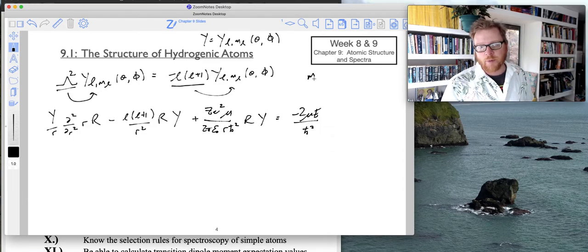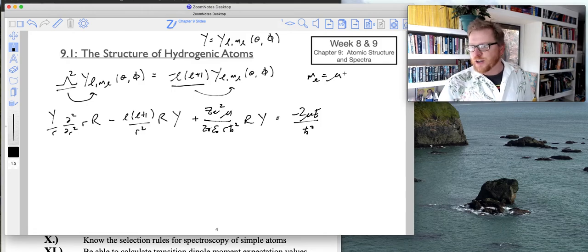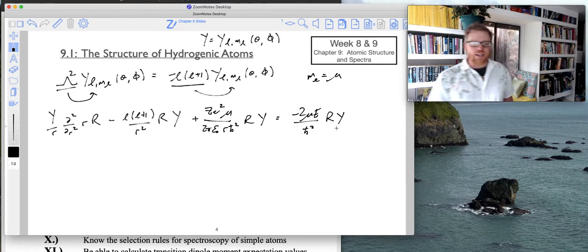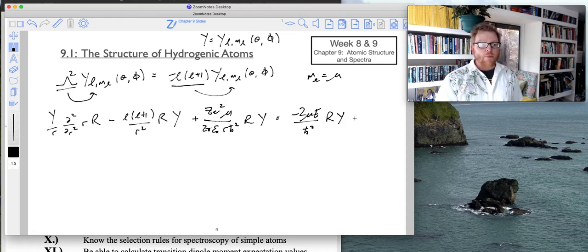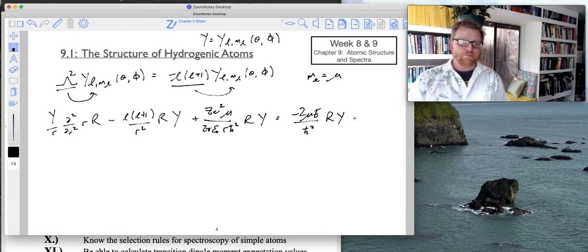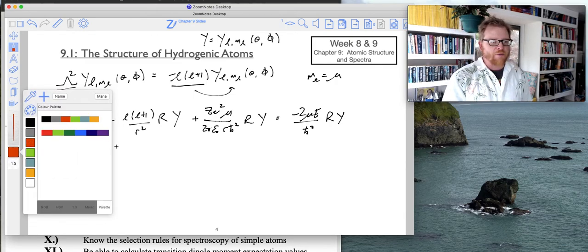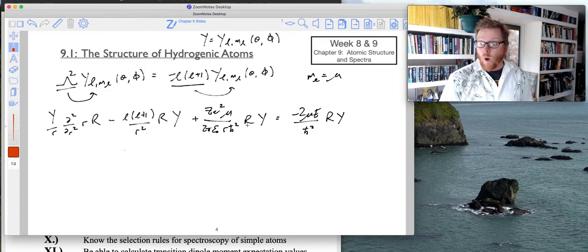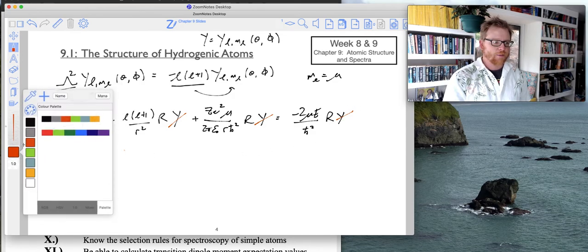Remember, m_e and the reduced mass are interchangeable for my electron-proton system. And that's still times R Y. Now you notice that I've got a Y in each of these terms, and there are no operations I have to carry out on Y that would prevent me from canceling it out. I don't have any more derivatives or operations on Y besides just multiplying, and that allows me to cancel it out. So I can reduce Y from each one of those terms.